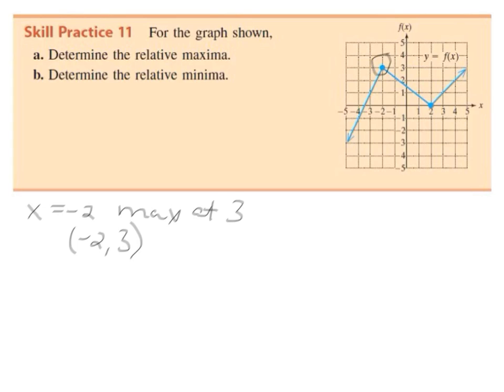All right. At x equals 2, we have a relative minimum at 0. So at the point 2, 0, there is a minimum. Okay?